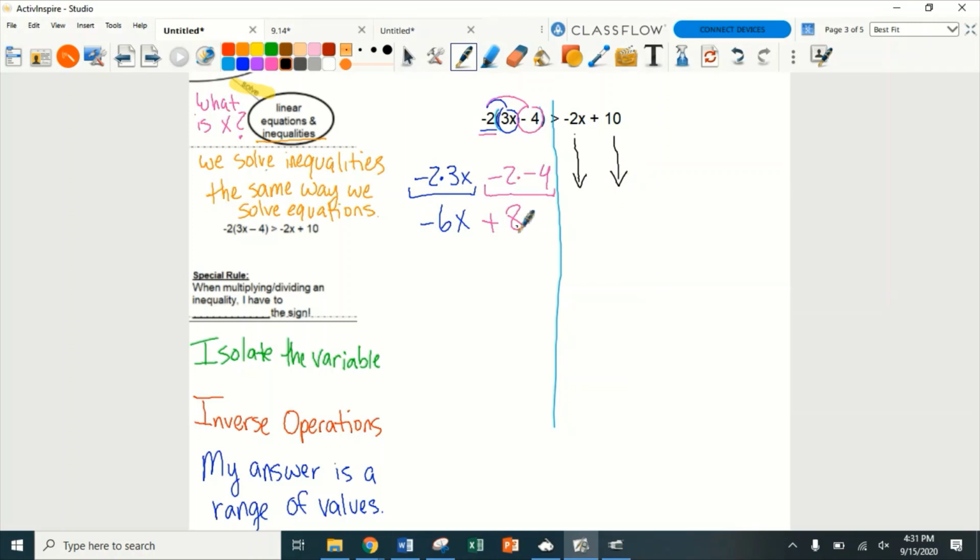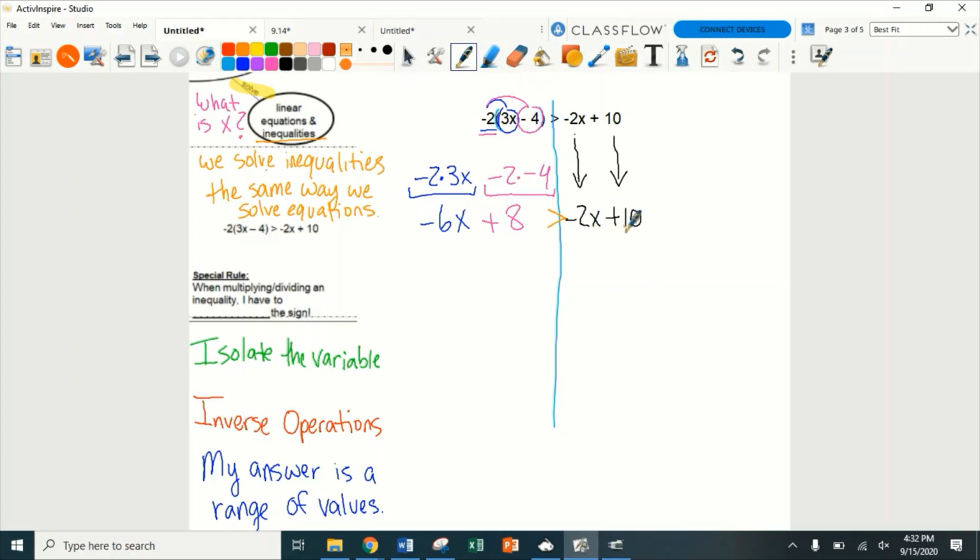So I have negative 2x plus 10 on the right. And don't forget, in between the left and the right side, we have our inequality, which in this case is greater than. So what I'm left with is negative 6x plus 8 is greater than negative 2x plus 10.